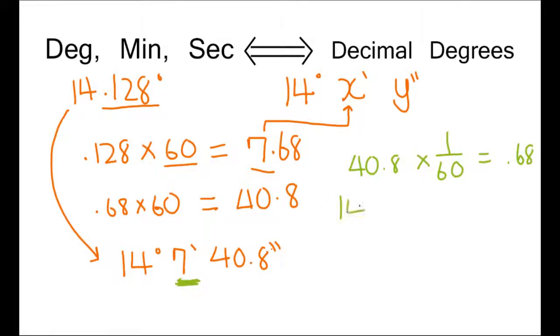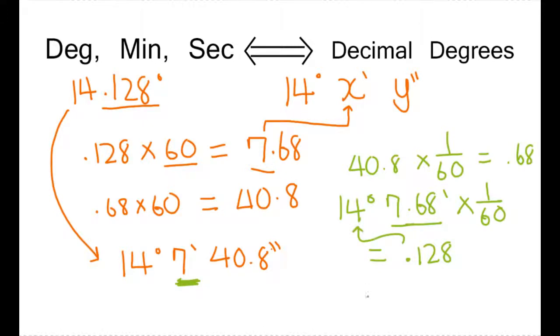Now we take this whole number and multiply it by 1 over 60 once again, and this would give me 0.128, and we just attach this to the 14, and that's how we get 14.128. That's changing between degrees, minutes, seconds, and decimal degrees. Let's go on to the next example.